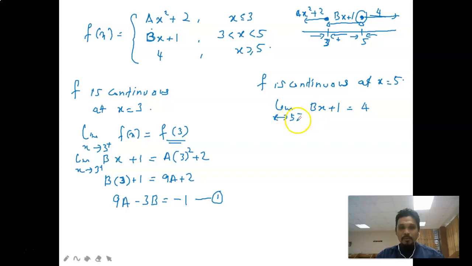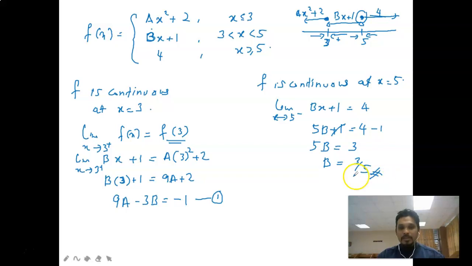Assume that x equal to 5, we come up with 5b plus 1 equal to 4. Bringing 1 over becomes negative, so 5b equals 3, then b equals 3 over 5.